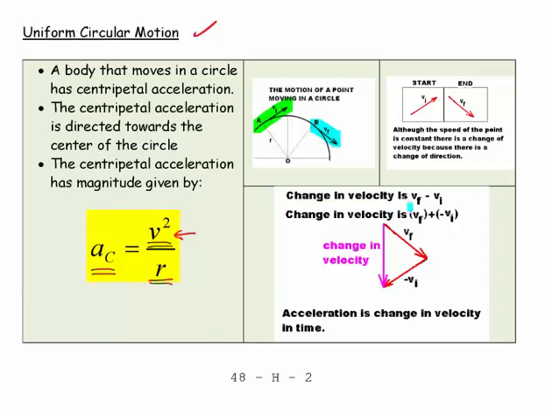And if I remember that my change in velocity is my final velocity minus my initial velocity, then I can say my change in velocity is going to be my final velocity added to the negative of my initial velocity. Same size, opposite direction.